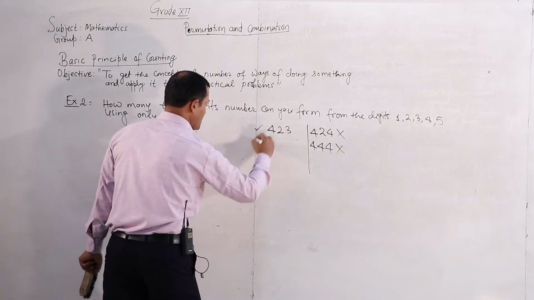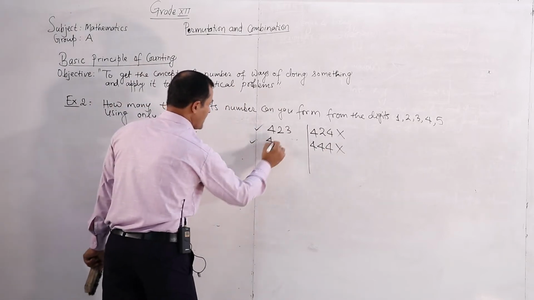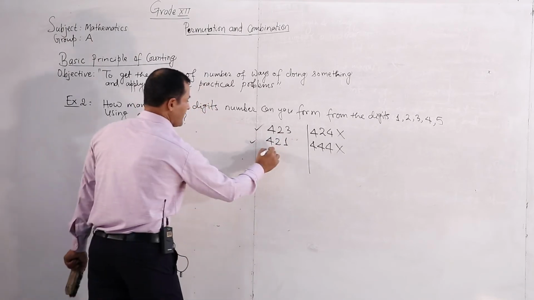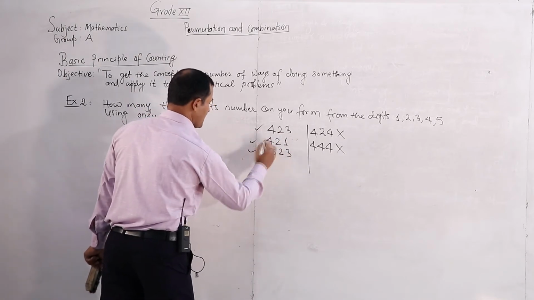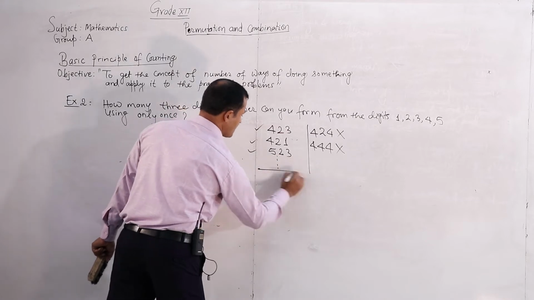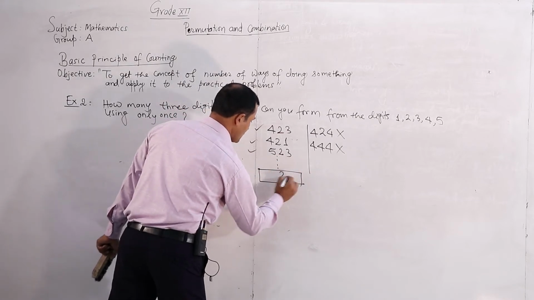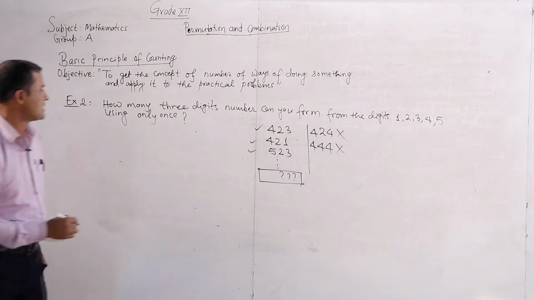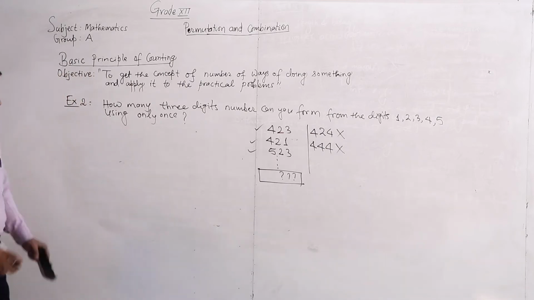Numbers like 421 and 523 are allowed. So how many numbers of this type can we develop from these digits?